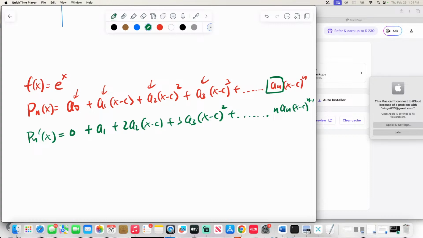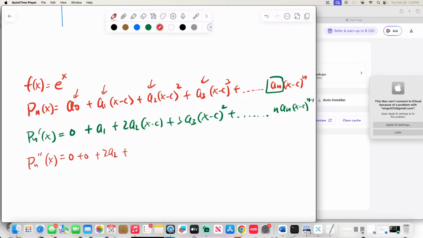Is this too fast? Okay, let's take another derivative. This one's 0, and this is 0 again. Now this one is going to be plus what? 2a2, good.